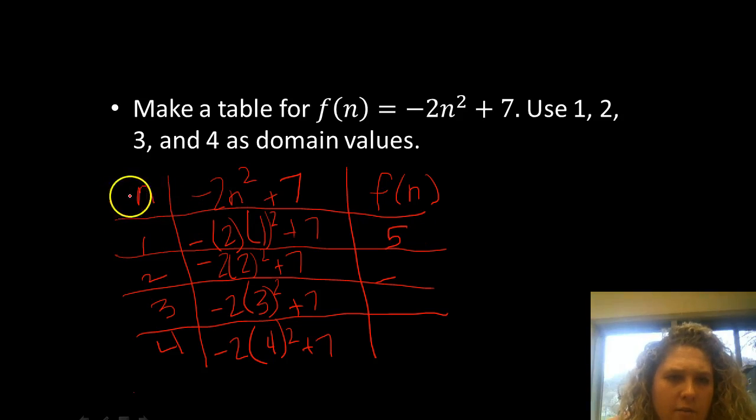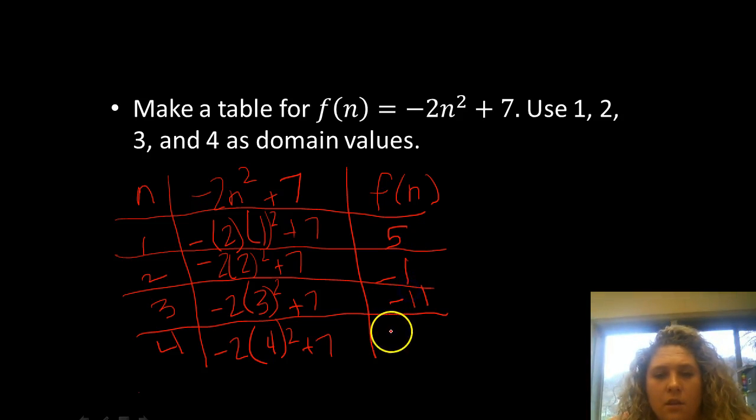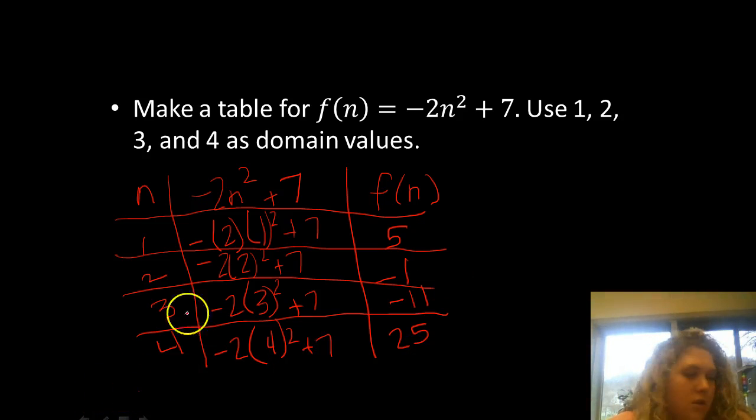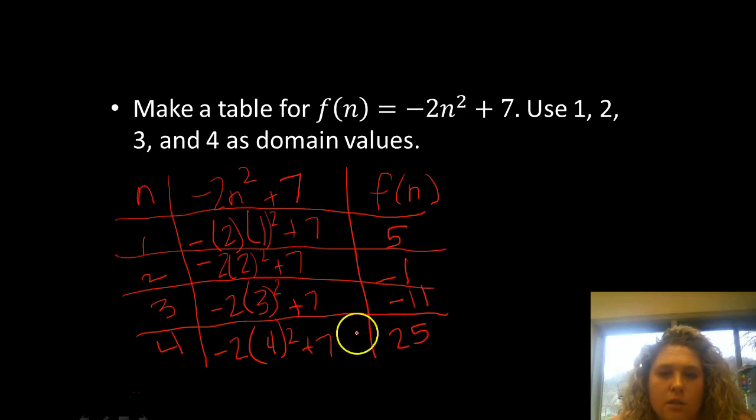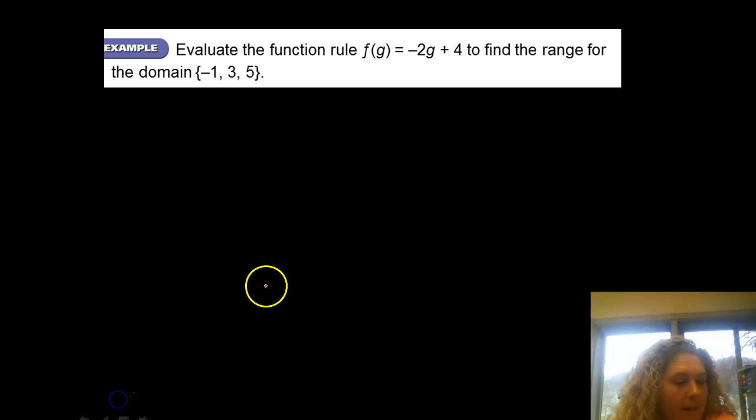Okay, so you should have taken your n values, plugged them in whenever you saw an n into your function rule, and you would kick out 5, -1, -11, and 25. So these are my input values, these are my output values.